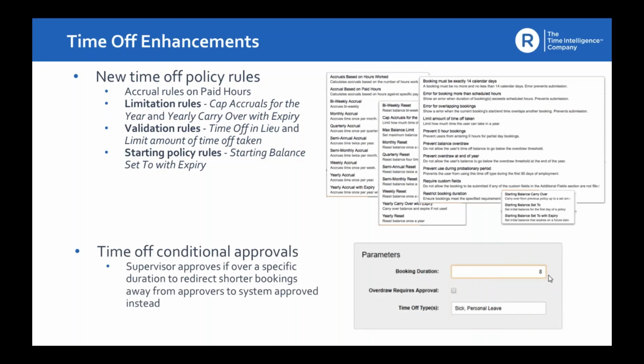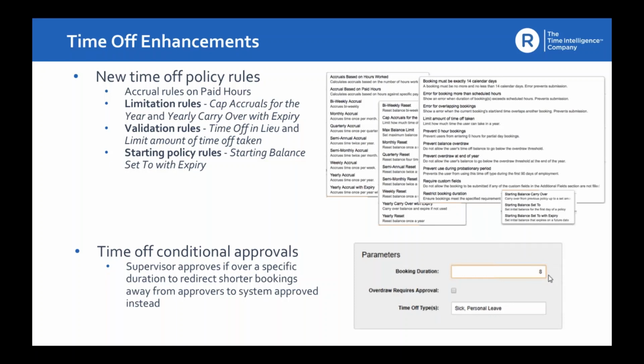Additionally, we've also introduced time off conditional approval, which will allow supervisors to approve time off if it is over a specific duration. You can also redirect any shorter bookings away from approvals to be system approved instead. So you can specify the threshold that applies to the time off and what time off type you want to do that for.